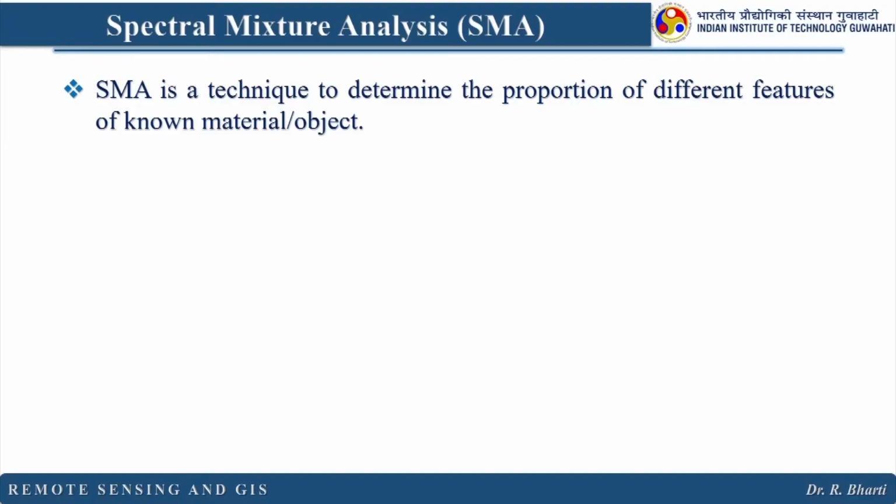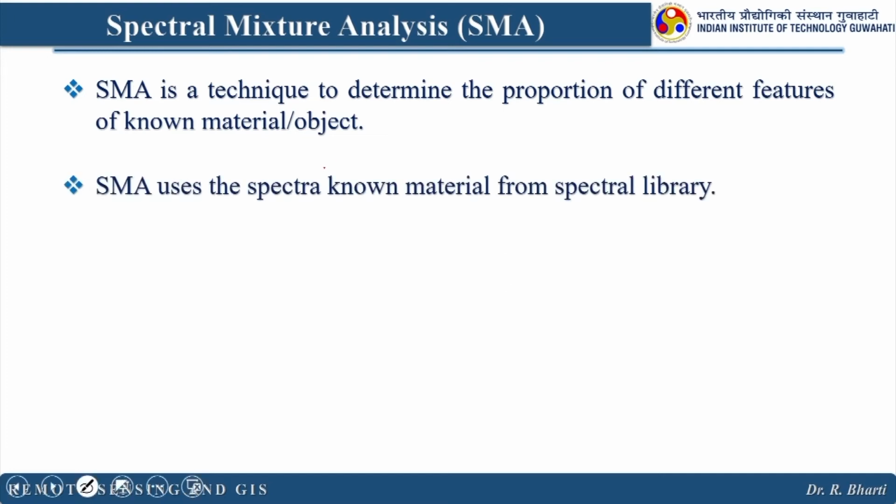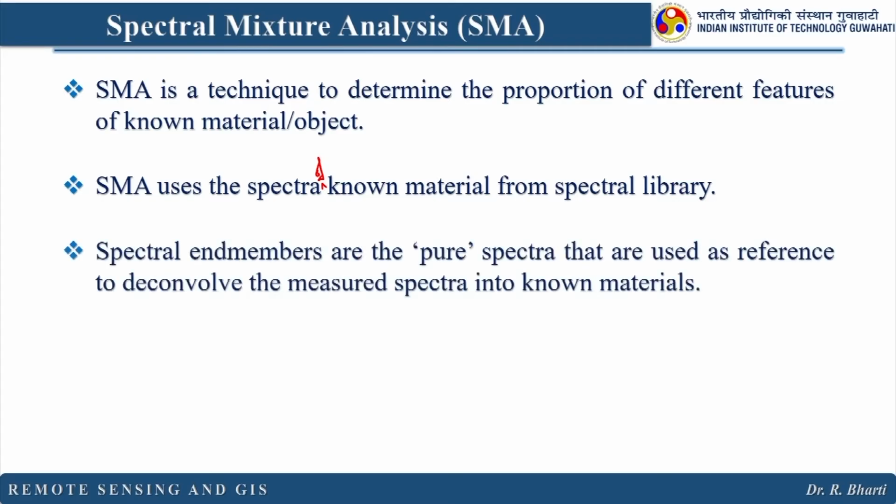So SMA is a technique to determine the proportion of different features of known materials or objects, right. So here it should be spectra of known materials from the spectral library. Spectral end members are the pure spectra that are used as reference to deconvolve the measured spectra into known materials, right.